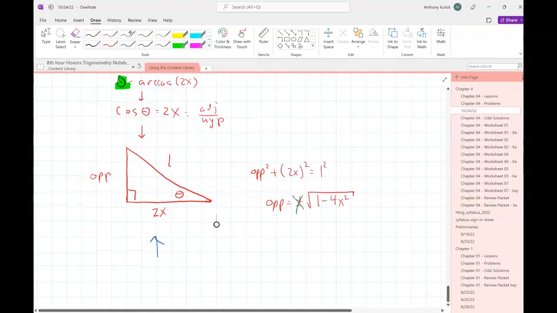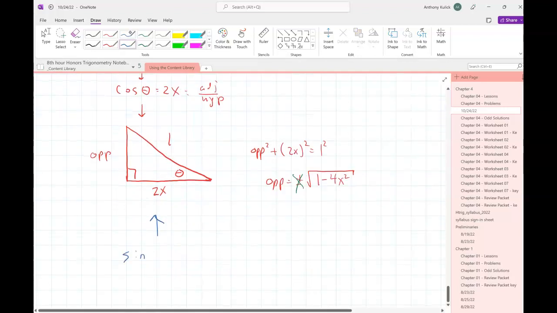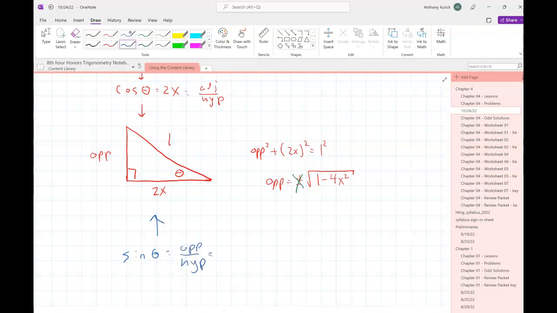That's all I'm really doing now. I'm just going to use that triangle that I've built to do sine of theta. So just the square root of 1 minus 4x squared.